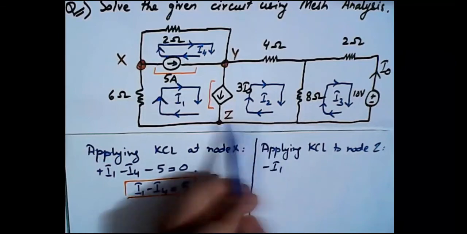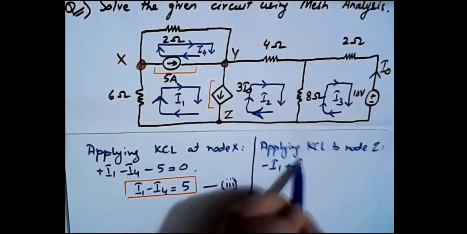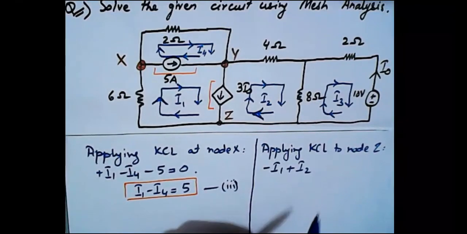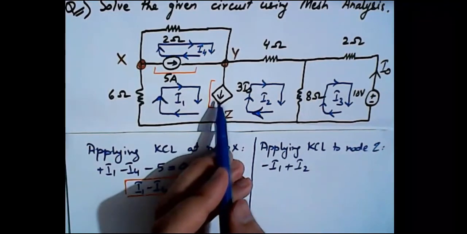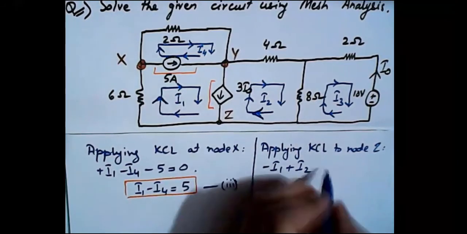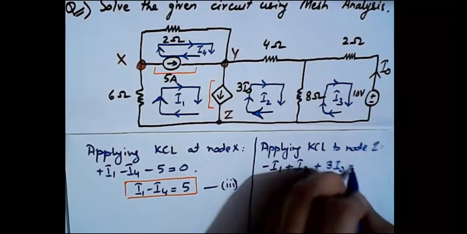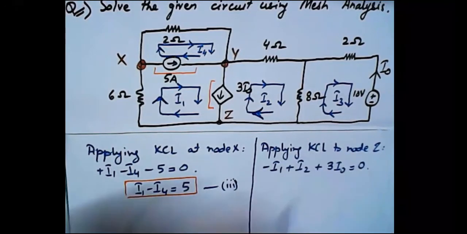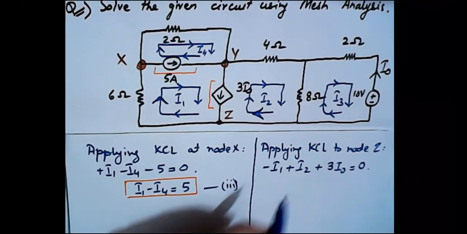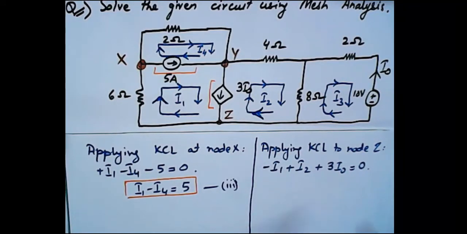Similarly, there is a current approaching this node, and its value is I2, so it is plus I2. And here you can also see that the current from the source is also entering, so it will be plus 3I0 is equal to 0. In other words, this is the fourth equation.